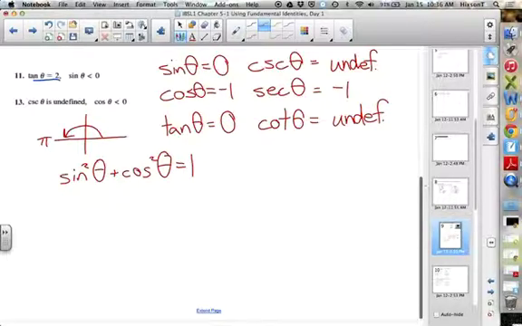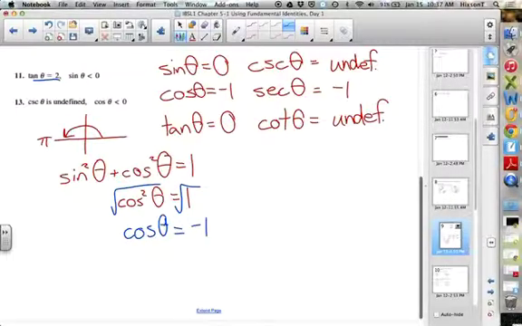But sine is 0, so that means cosine squared equals 1. If I square root those, then I know that cosine equals either 1 or negative 1. Since we were told that cosine's negative, we know it's negative 1. So we didn't have to use the unit circle, but if you remembered the unit circle, it made this problem easier.